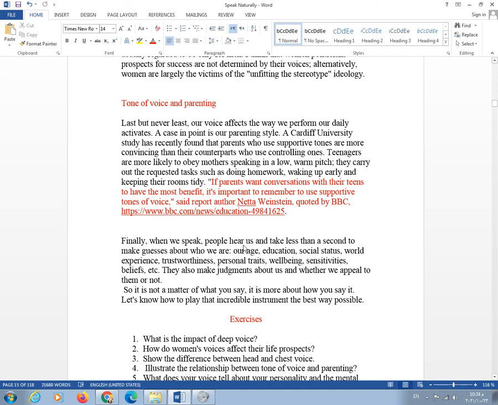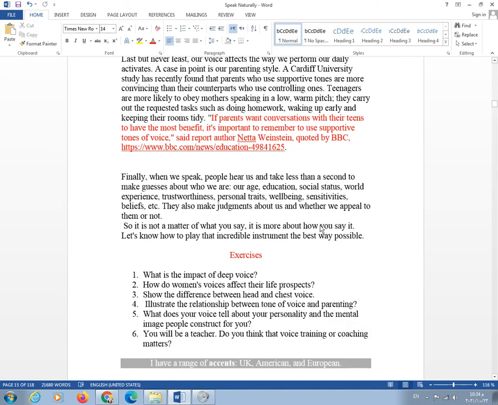Okay. And let me finally end this introduction chapter by this: when we speak and people hear us, they take less than a second to make guesses about who we are, our age, education, social status, world experience, trustworthiness, personal traits, well-being, sensitivities, beliefs, ideas, biases, and so on.